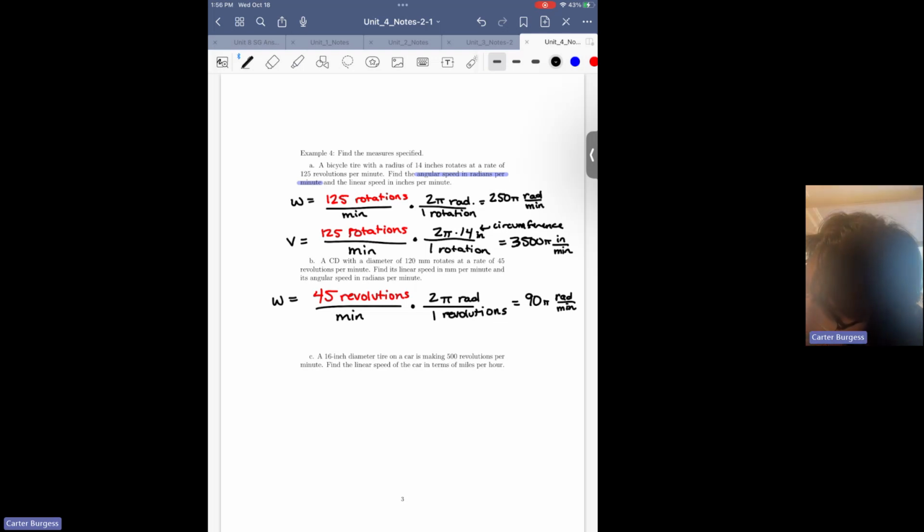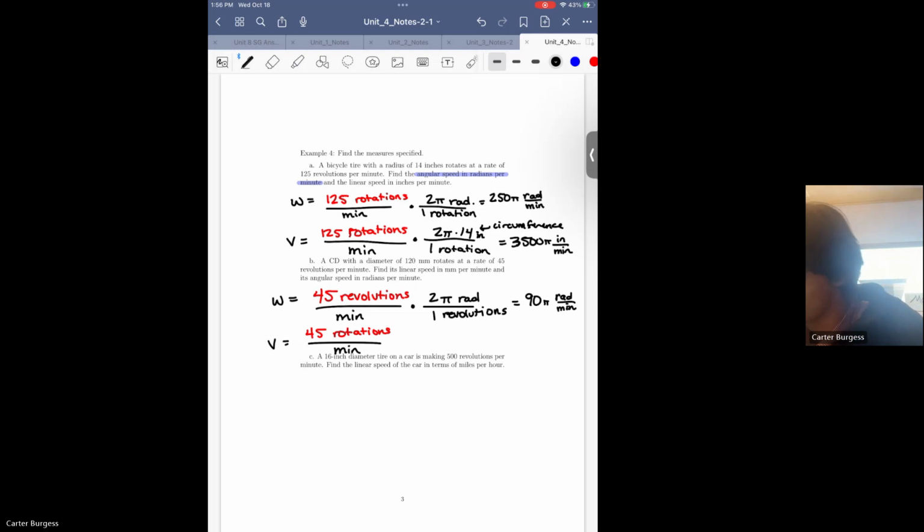All right. For my linear speed, exact same fraction here of 45 revolutions or rotations, again, either way is totally fine, per minute. And in this case, I am taking my 1 rotation, and every rotation is going to move me forward by how much?